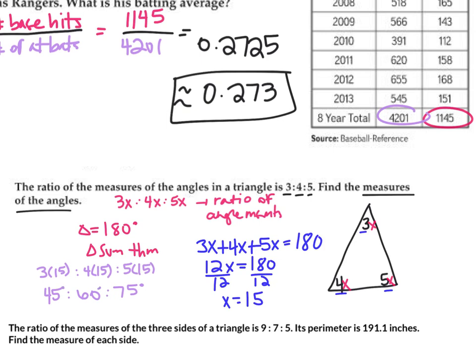Okay, so this measurement aligns with our ratio, and then to double check, in order for this to be true, they need to have a sum of 180. So 45 plus 60 is 105 plus 75. When you add them all together, it equals 180.